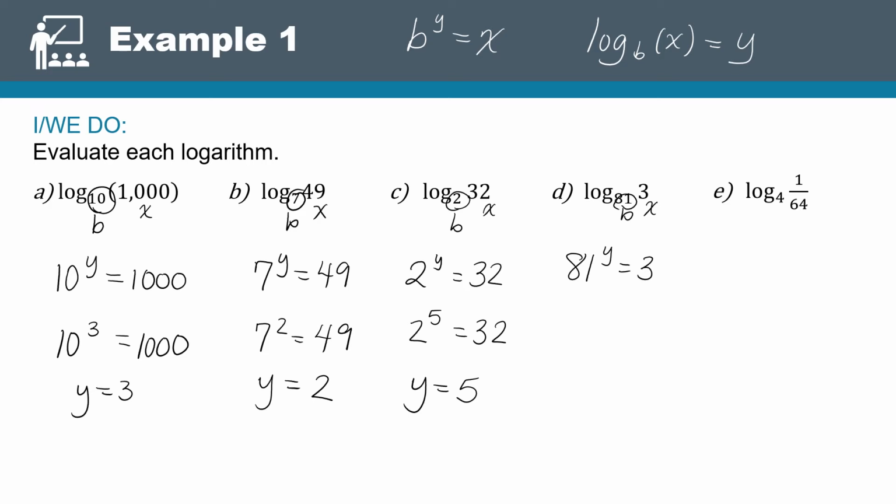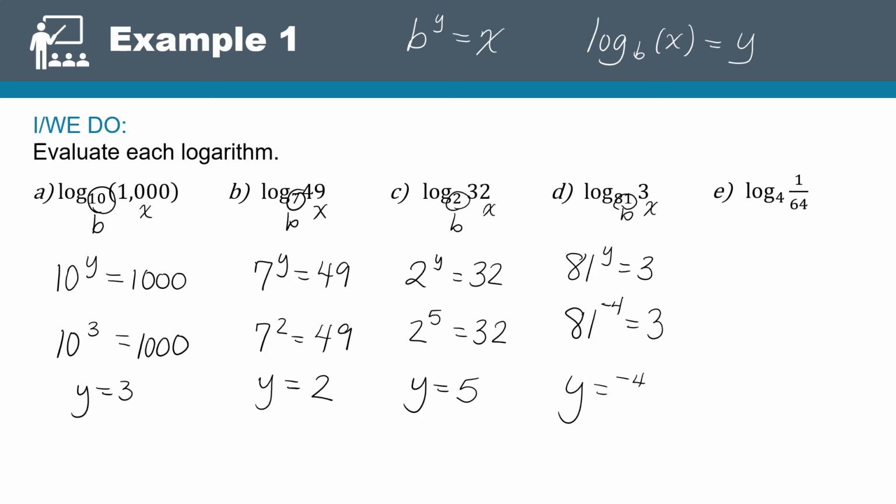We actually need to divide 81 by 3 four times in order to get 3. So that would be 81 to the negative fourth power is equal to 3. So y equals negative 4.